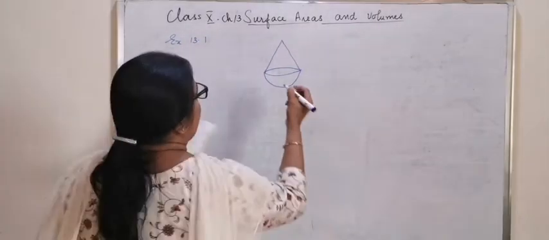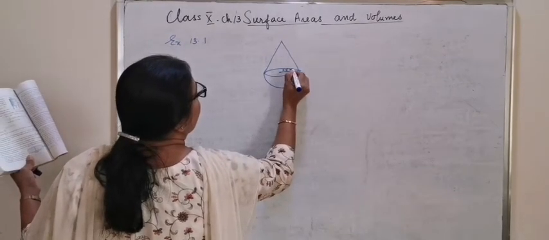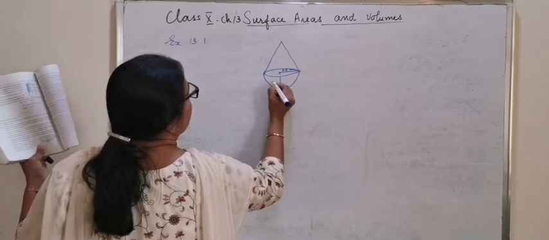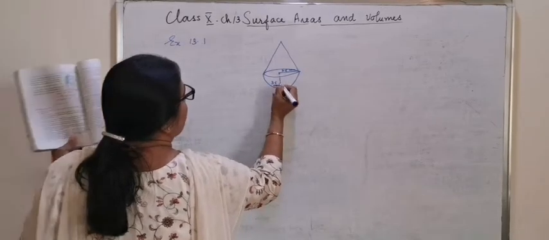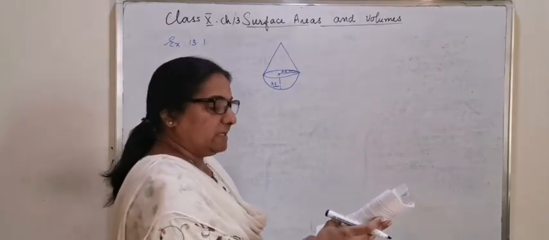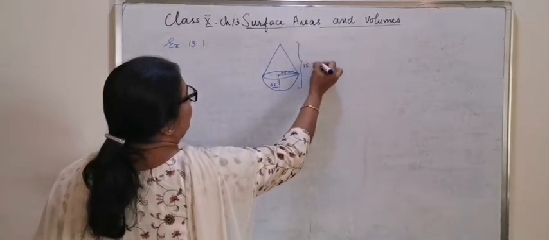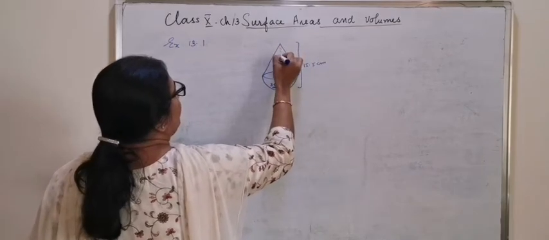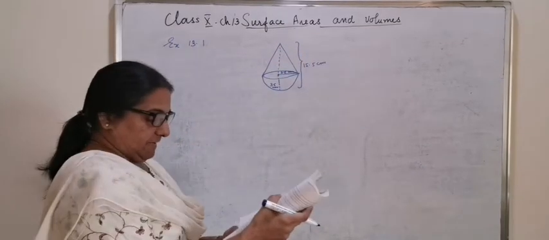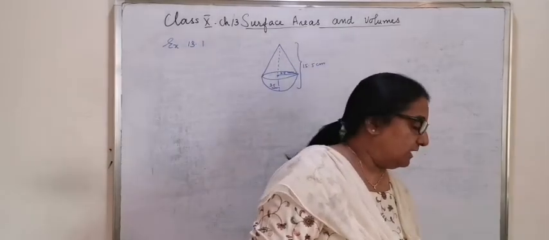The radius is given as 3.5 centimeter. Height of a hemisphere is also 3.5 centimeter and the total height of the toy is 15.5 centimeter. Find the total surface area of the toy.